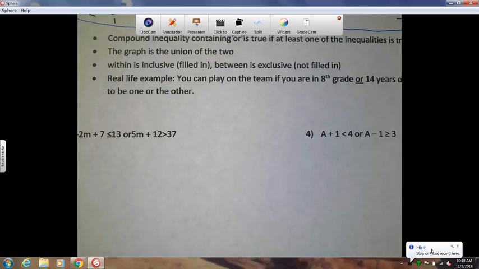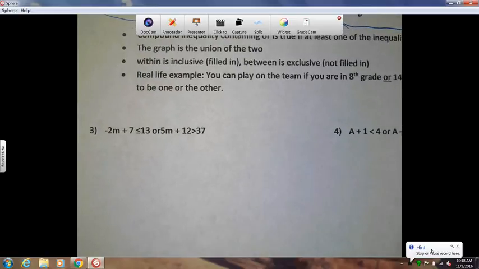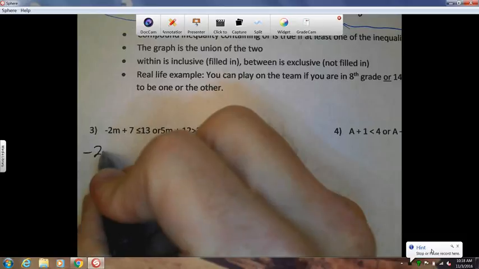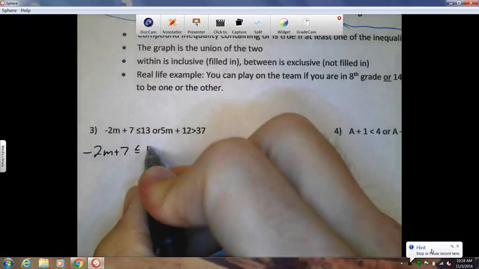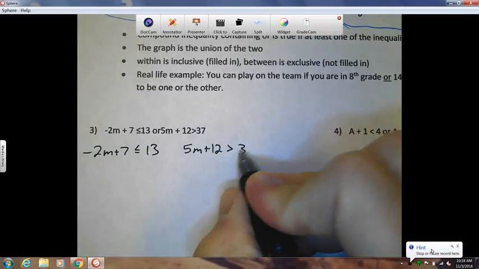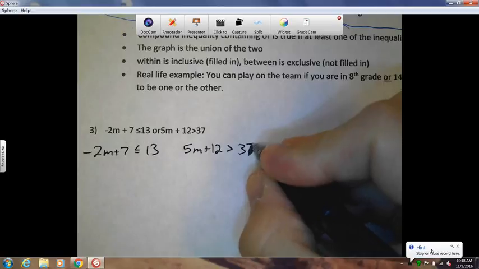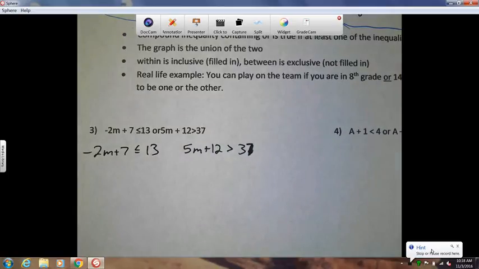So here's an "or" inequality. Typically you won't need to break these up, you just need to solve. So hopefully you remember how to solve these. I'm going to subtract 7 on both sides.